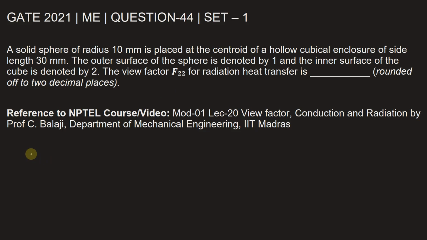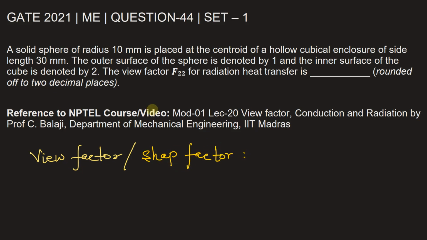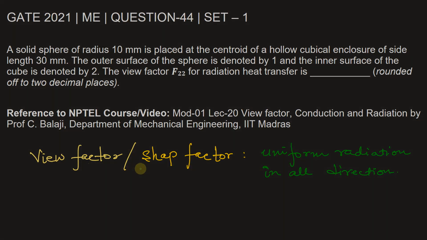An assumption in calculating the view factor or shape factor is that there is uniform radiation in all directions. This is the assumption that we are taking in the calculation of shape factor or view factor.